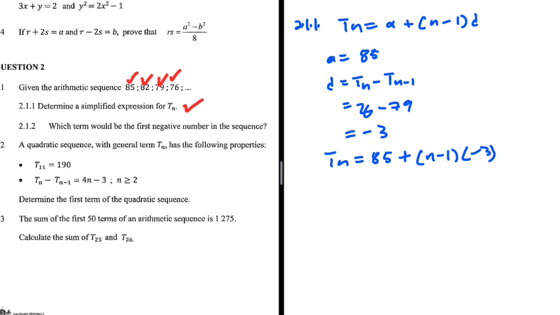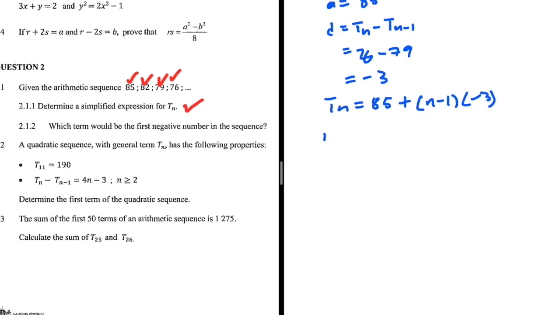Well, we can further simplify this and make it a simplified expression. So Tn will be equal to 85. N multiplied by minus 3, so minus 3n, and then minus 1 multiplied by minus 3, that is plus 3. So we have minus 3n plus 88.